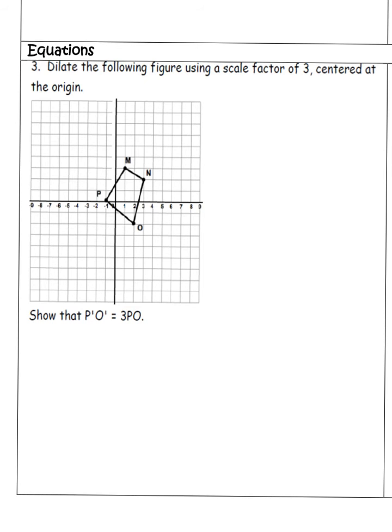All right, let's try the second one and see if we can do it the same way. This time it says to use P and O. So I'm just going to dilate P and O by a scale factor of 3. So P is at negative 1, 0.